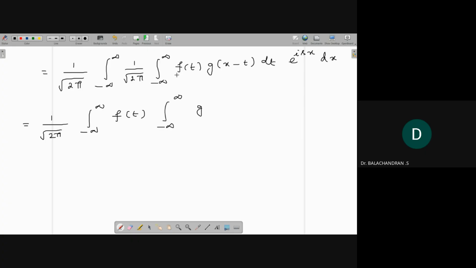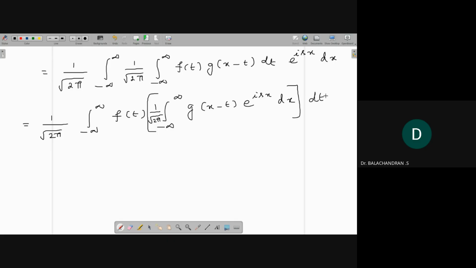What you have remaining? 1 by root 2 pi I'll keep here, 1 by root 2 pi I'll keep it here, integral from minus infinity to plus infinity, f of t into g of x minus t, first dx, and e power isx also I'll write here, e power isx into dx, and then dt, the bracket like this, and then with respect to t.